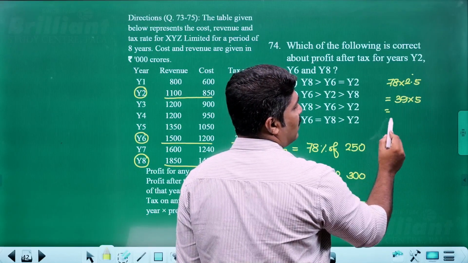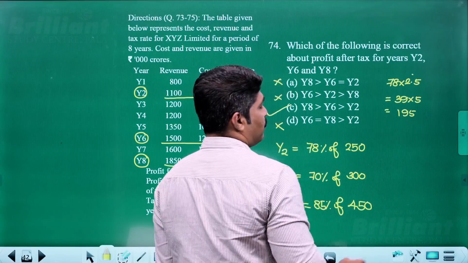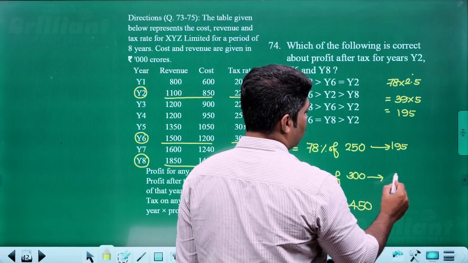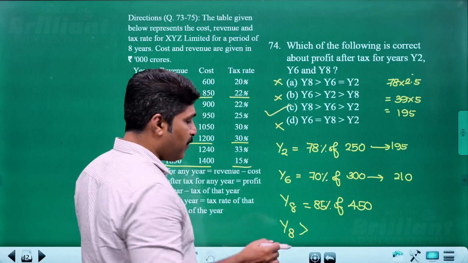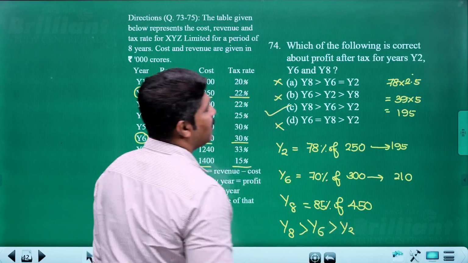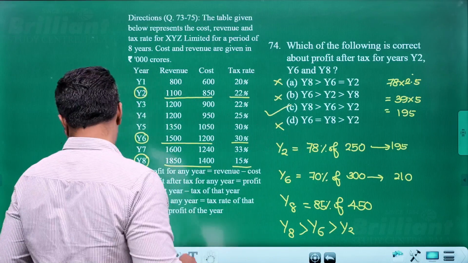So what is 39 into 5? That's equal to 195. So this value is 195. What about this one? This is 210. So definitely this Y6 is greater. Only if it is required do you have to do it like that. Otherwise, we reach the conclusion initially by observing the options.